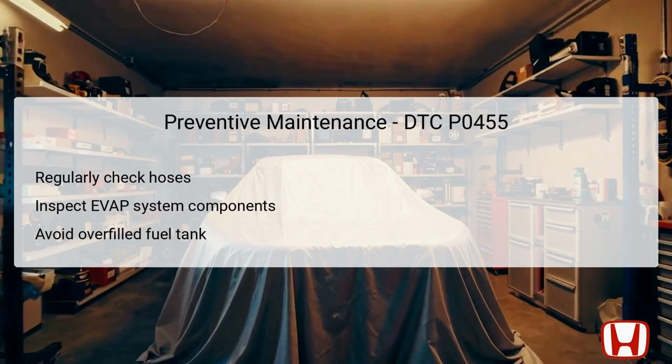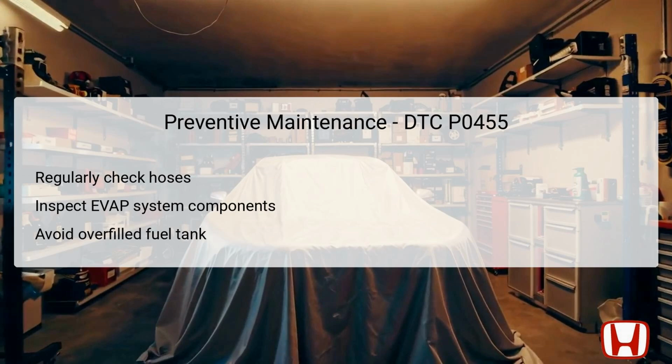Preventive maintenance is key to avoiding future occurrences of DTC P0455. Regularly inspecting hoses and connections within the EVAP system is essential to ensure that they remain intact and free from cracks or wear.